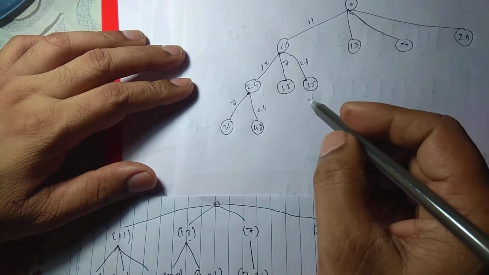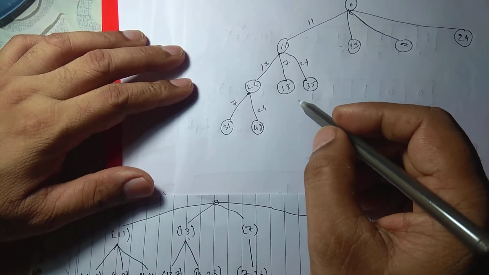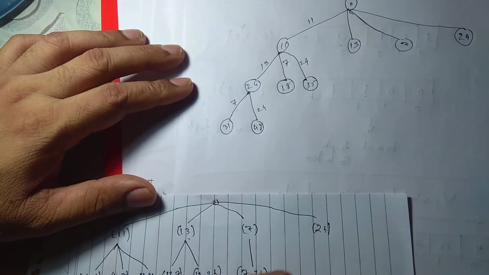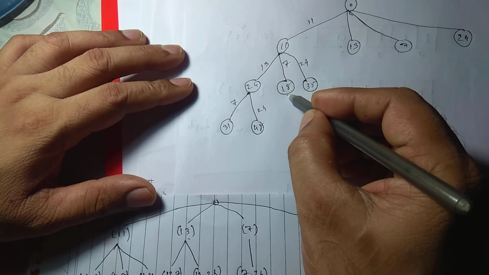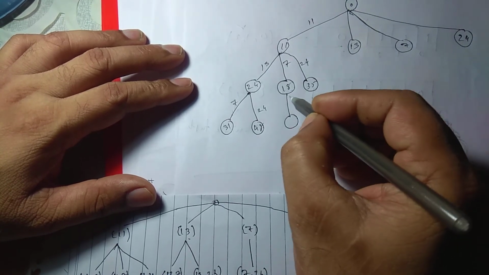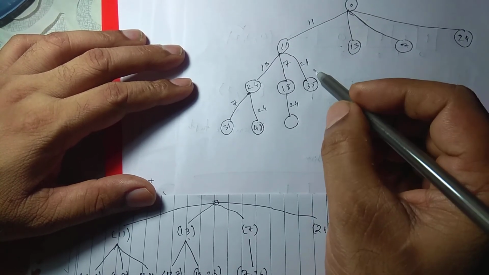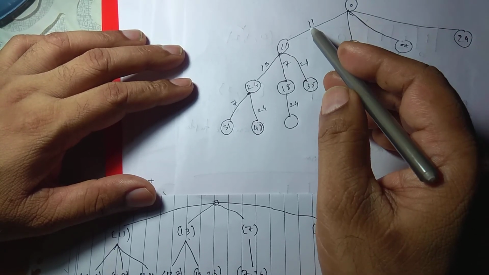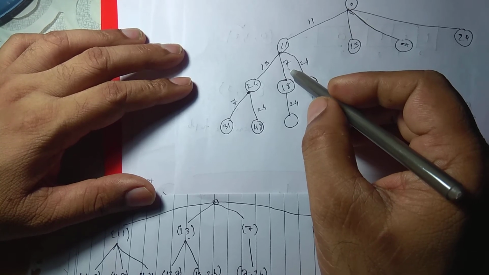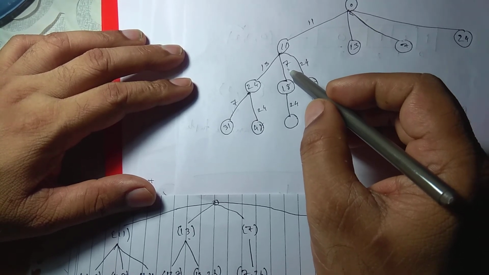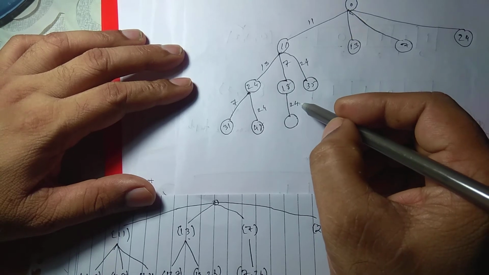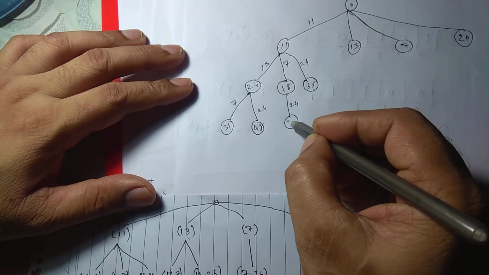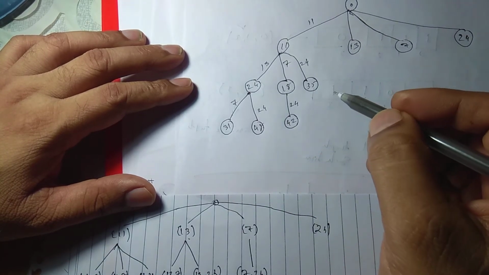Then 11, 7, 24 is coming from this. If I consider 11, 7, 24, what will be the sum? 11 plus 7, 18, 18 plus 24, 42. I'm getting a sum 42.